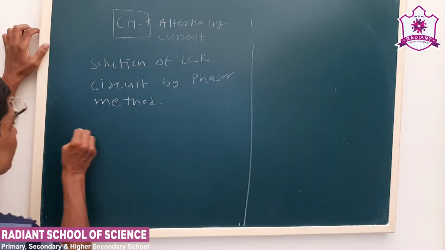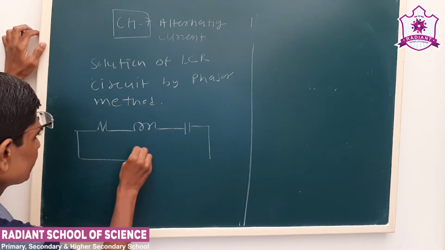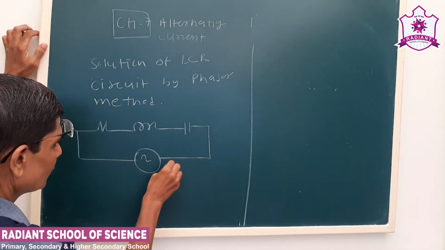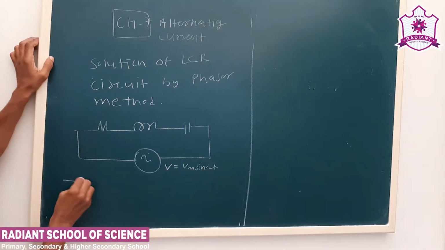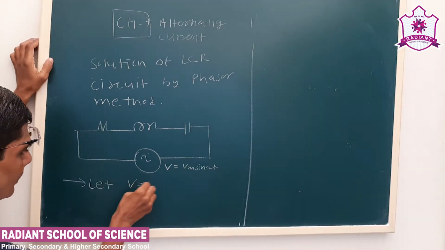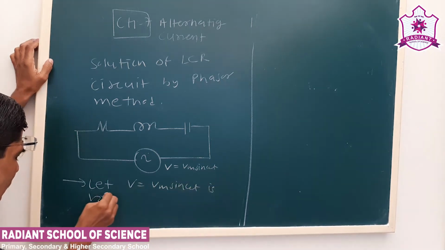Now let us say the voltage supplied is Vm sin omega t. Let V is equal to Vm sin omega t be the voltage.